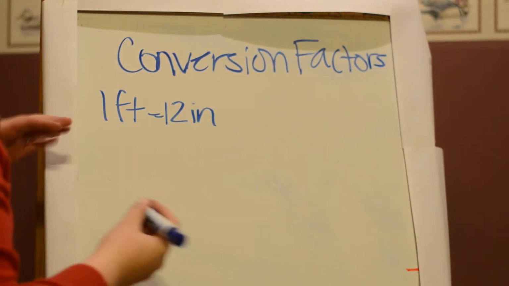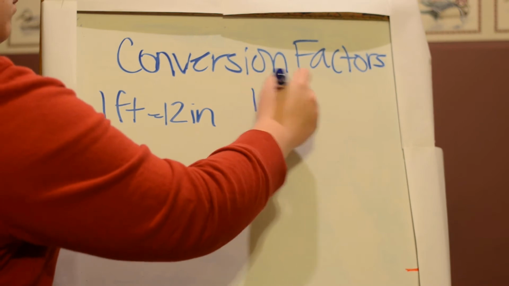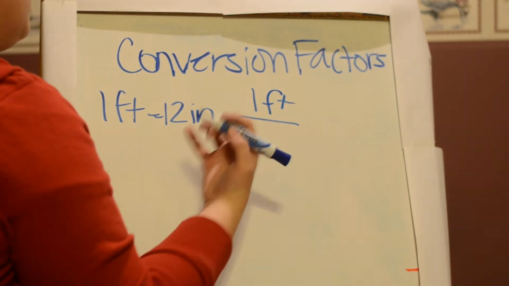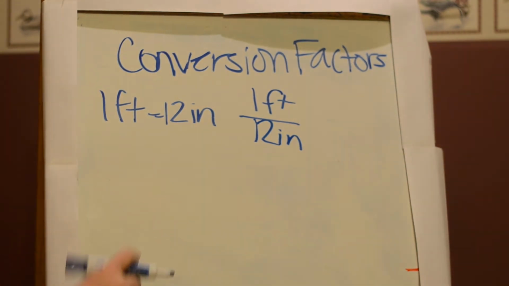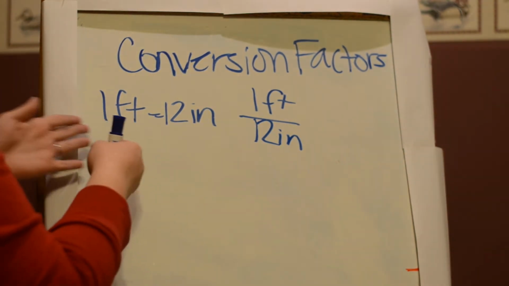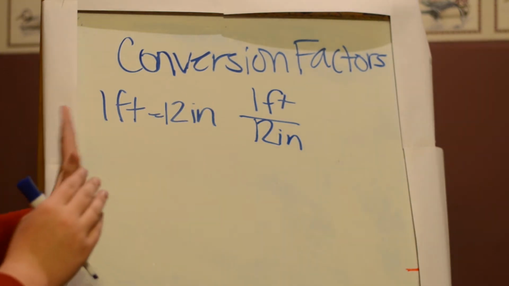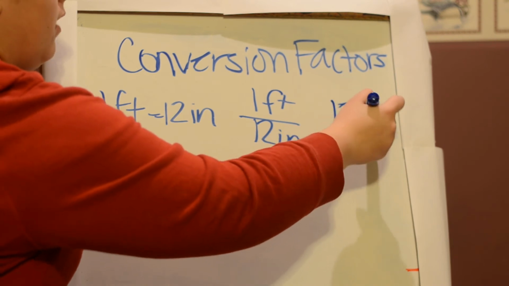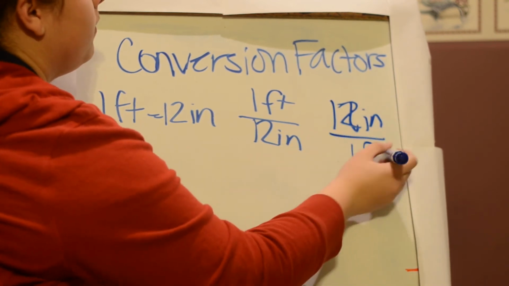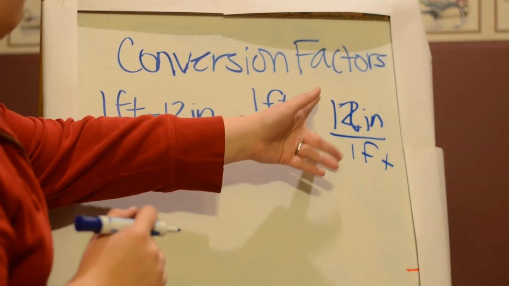The way we write these for stoichiometry is we're going to put them as a fraction. 1 foot per, or divided by, 12 inches, okay? Same thing. Now remember, 1 foot can equal 12 inches, but 12 inches can also equal 1 foot. So this can be flip-flopped, and it can be written either way, okay?